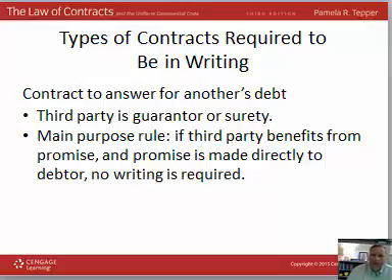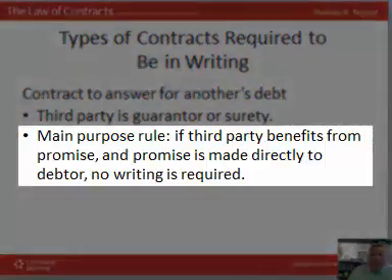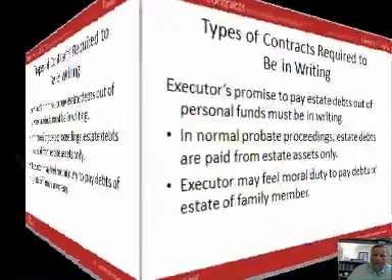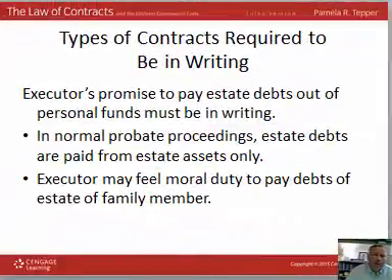In that case, we're probably not going to require writing because you have both knowledge of the contract itself and your obligation to pay for it, and there's also what we call the main purpose rule. That third party, you as the obligor, actually benefit from the promise which was made directly to the seller themselves. So in that case, no writing would be required.